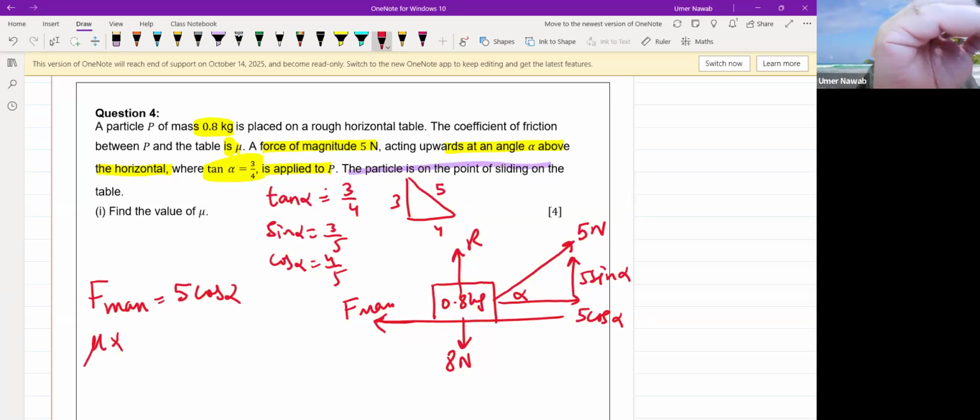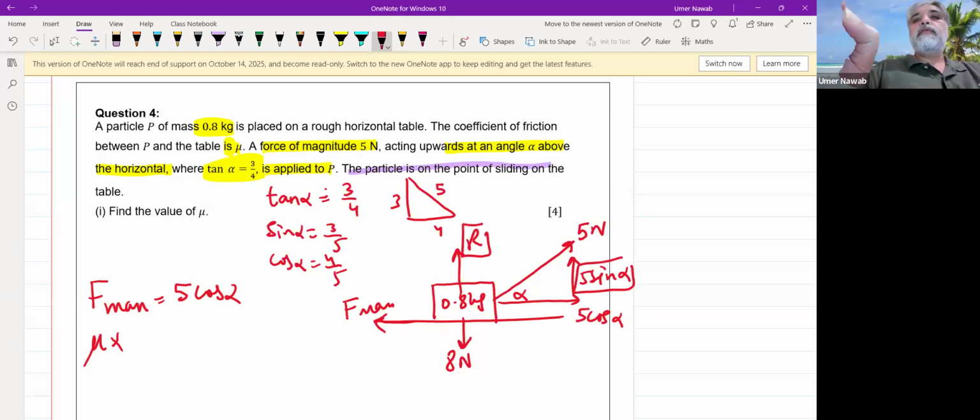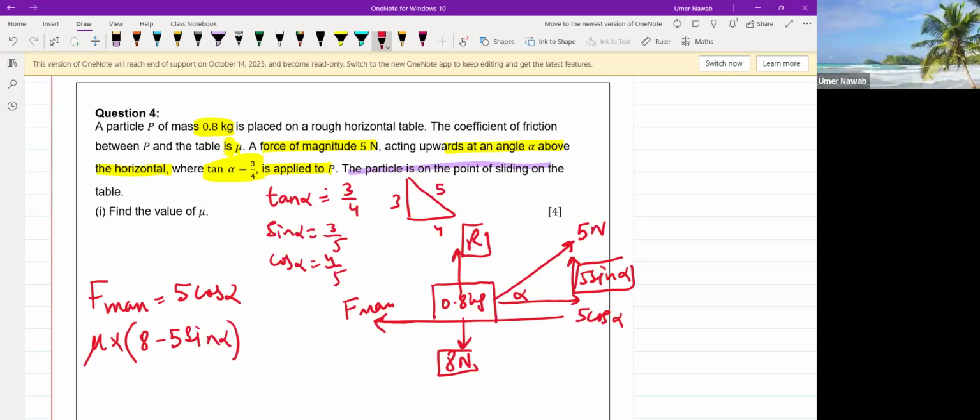Mu times reaction. R plus 5 sine of alpha is equal to 8. So I'm going to write 8 minus 5 sine of alpha is equal to R, and F max is equal to 5 cosine of alpha.